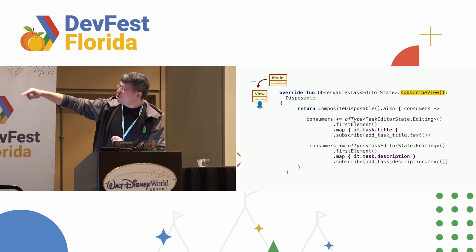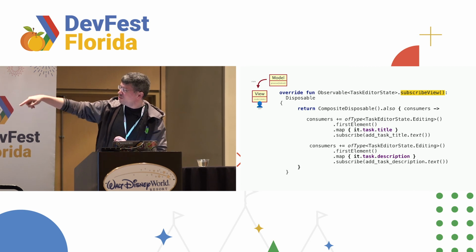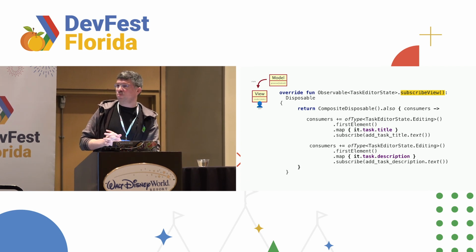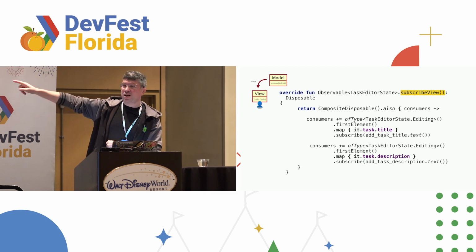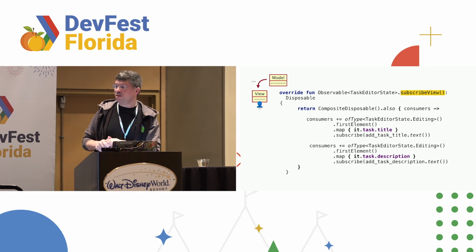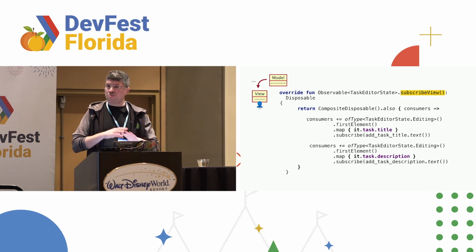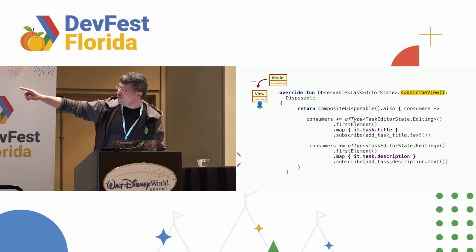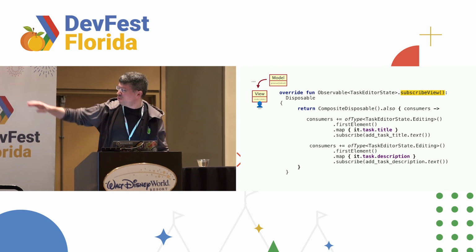Anyway, so your consumers. Here, I copy-pasted a bit of code that's a bit more complicated than it should be. Ignore the of type first. You can come to me and talk about this after the talk if you're curious. There are concepts of state management in the GitHub repo that are not covered in this talk. But the really important bit is the first element function that you see for both of these subscriptions.